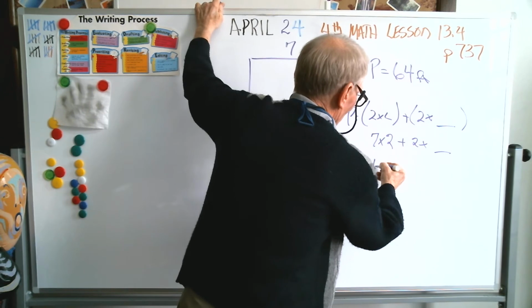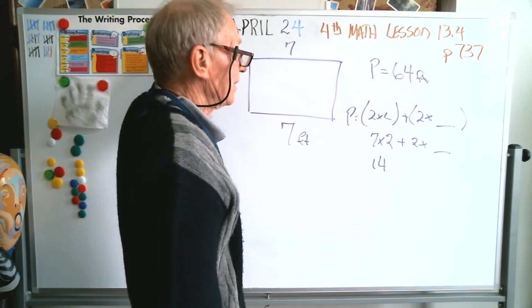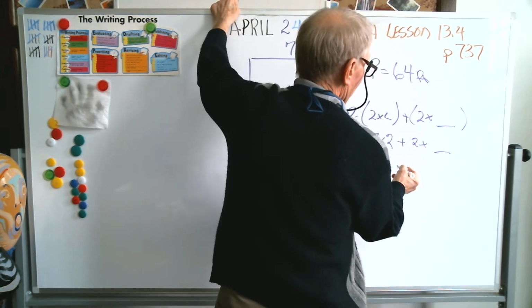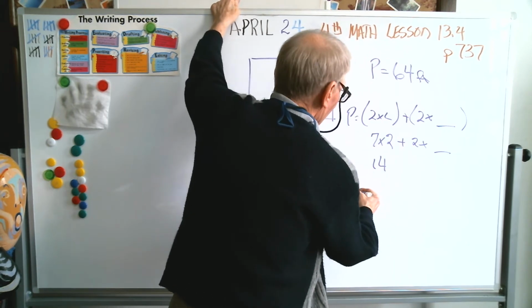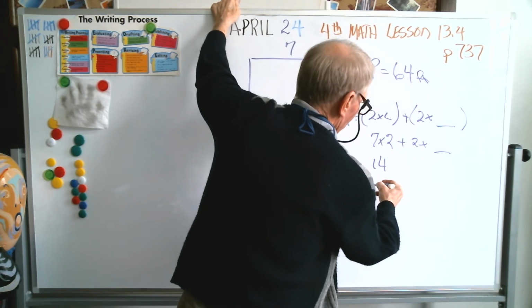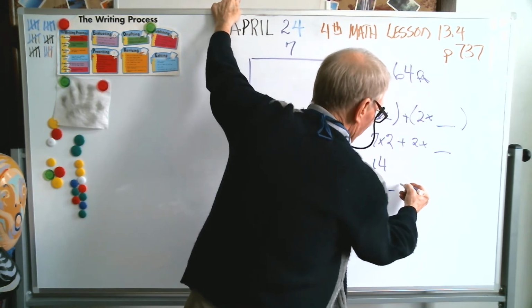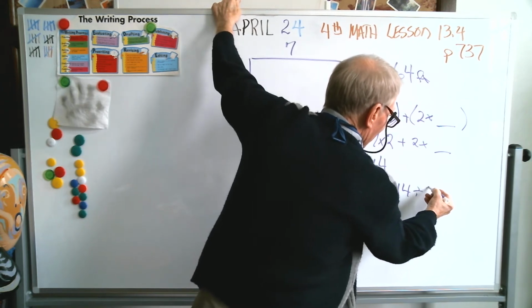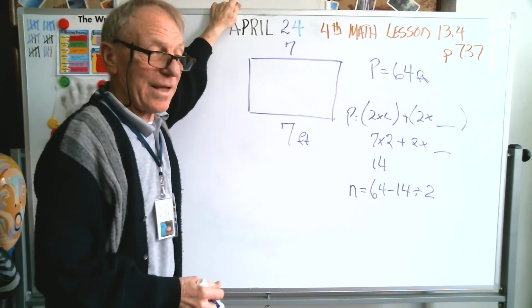So we're at 14, and we know that the perimeter is 64. So you can write it this way. N equals 64 minus 14 divided by 2. That'll give you the answer.